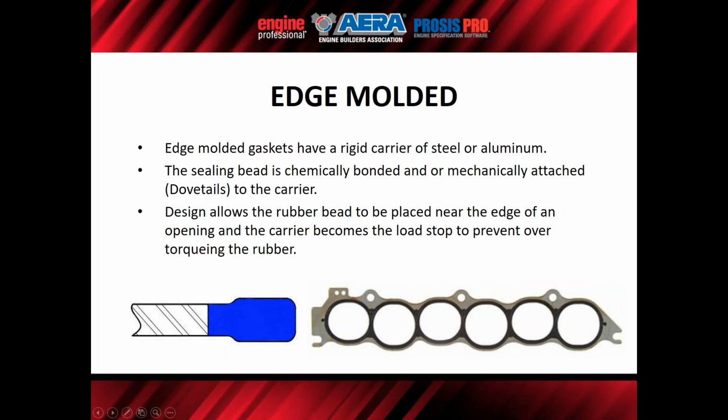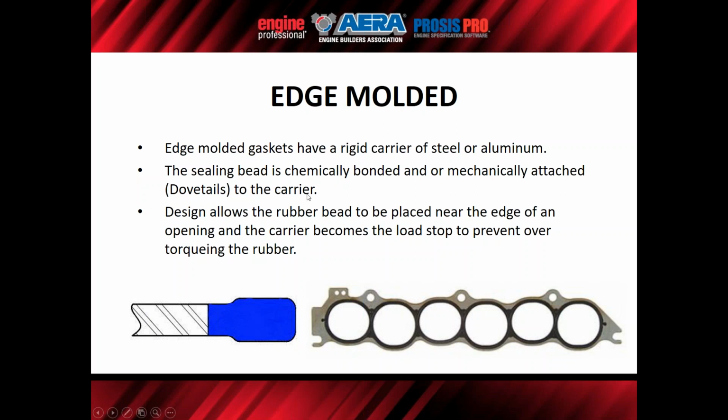Here we see edge molded. Edge molded gaskets have a rigid carrier. It's either steel or aluminum, sometimes plastic, but normally steel or aluminum. The sealing bead is usually chemically bonded right here at the edge, or mechanically with a dovetail that would be cut out back here somewhere and then molded over.